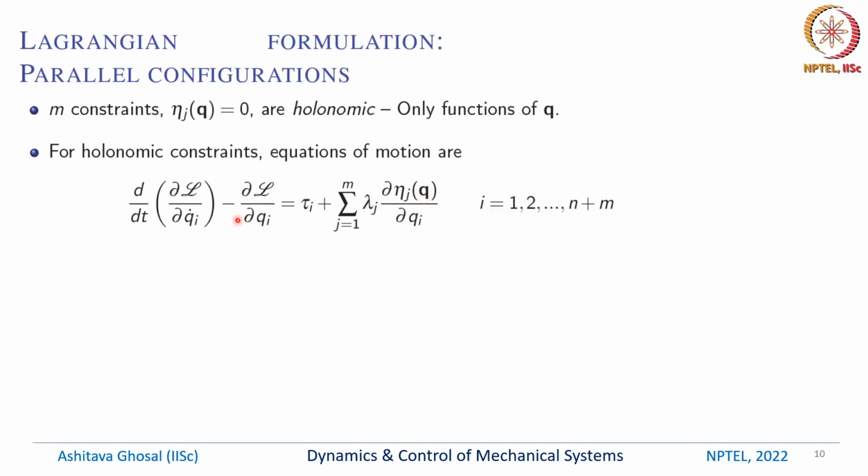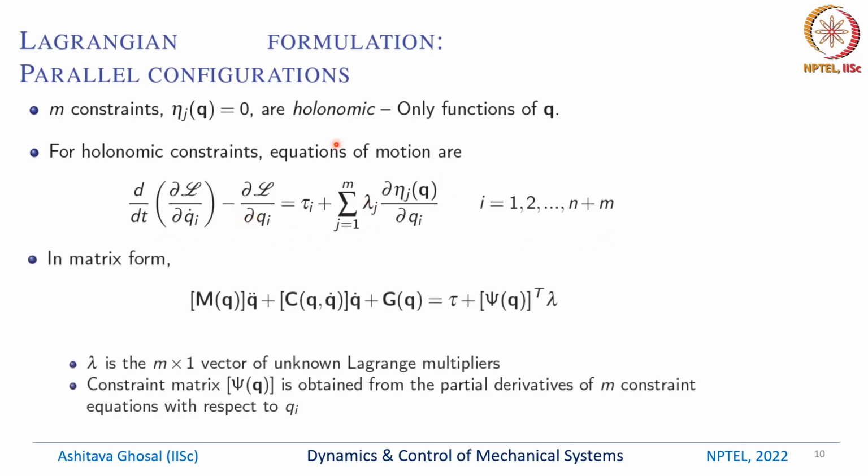And now i will go from 1 to n plus m. So remember, there were actuated joint variables, which we denote by theta, and there are n of those, and then there are phi's, which are the passive joint variables which are not actuated, and there were m of those.